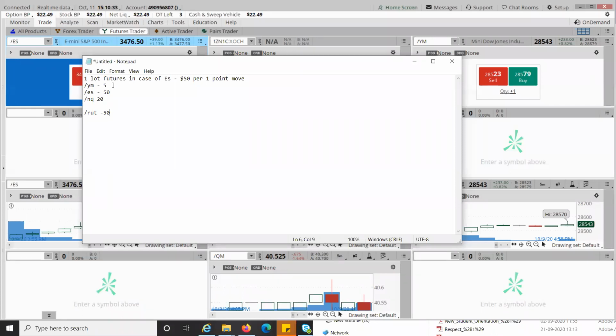There are main indexes, like for Dow Jones, we have DJI. This is a future in itself. For ES, you have SPX. This is 100 lot.